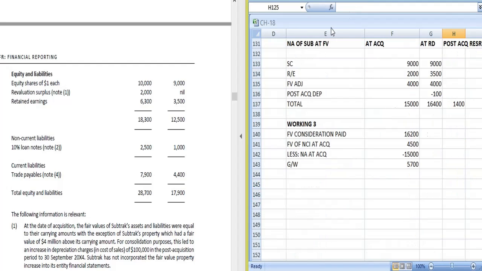Okay. So now we will do the working 4, which is for the NCI. So fair value of NCI at acquisition. The amount we can just copy paste from here. Then post acquisition reserve. NCI percentage is 20%. Post acquisition reserve is 1400, which we have already calculated in the working 2. So 20% into 1400.